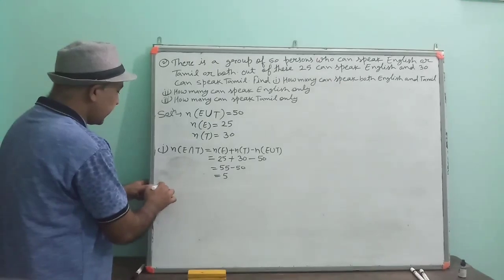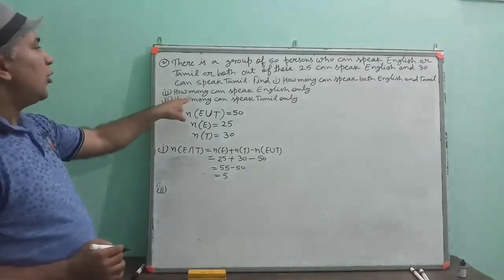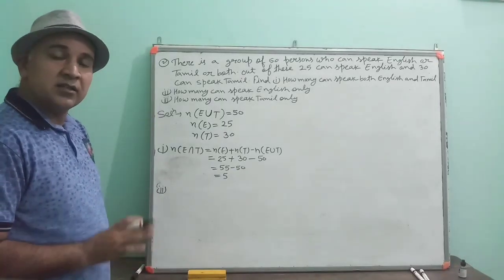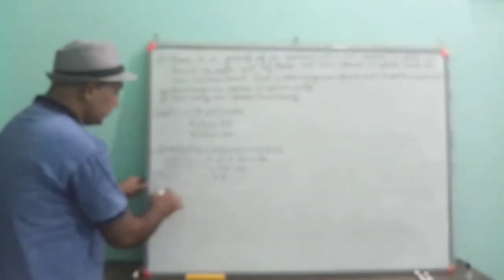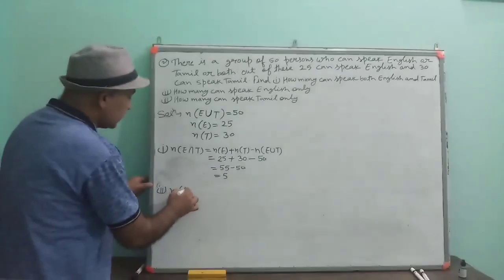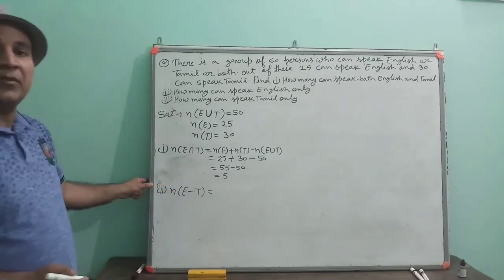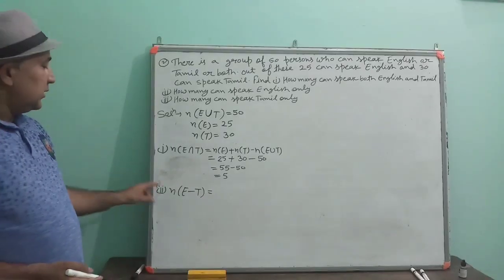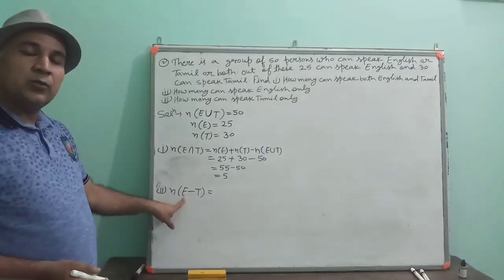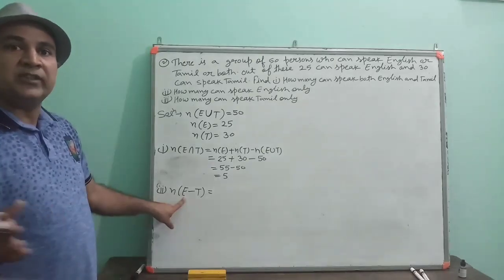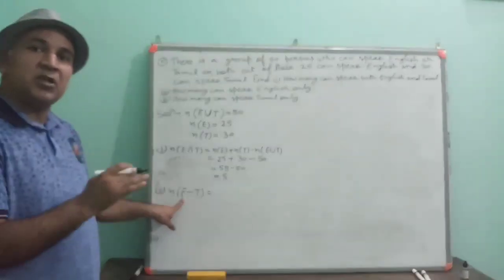Now see the second part. How many can speak English only? English only means they do not know Tamil. The symbol for English only will be English minus Tamil. Among those people who are using English, we will remove those who know Tamil also.